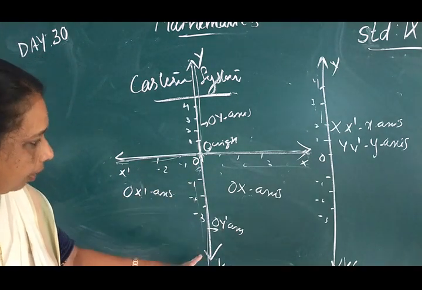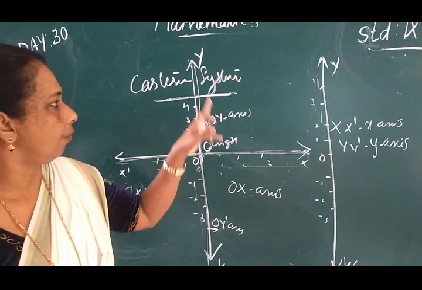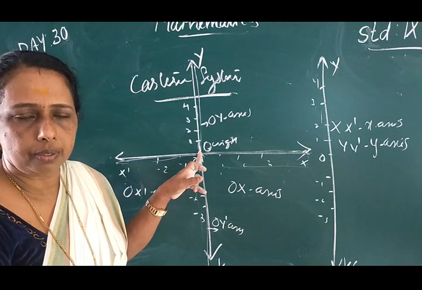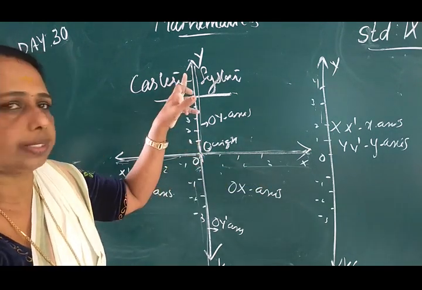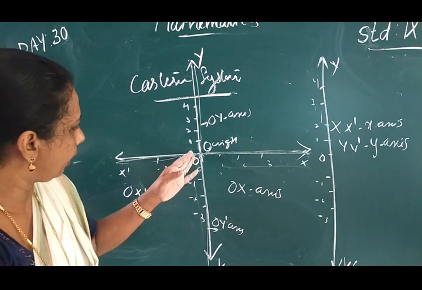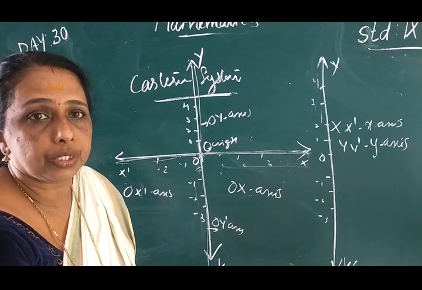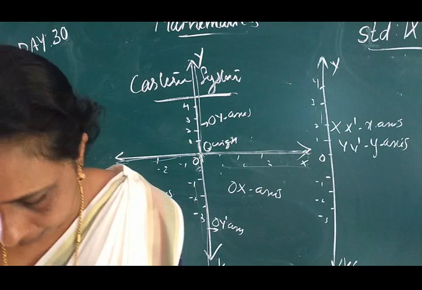Here all the numbers are negative. The x-axis and y-axis intersect at a point called the origin. Here 4 axes are there: the OX axis and OY axis are positive axes, and the OX dash axis and OY dash axis are negative axes.